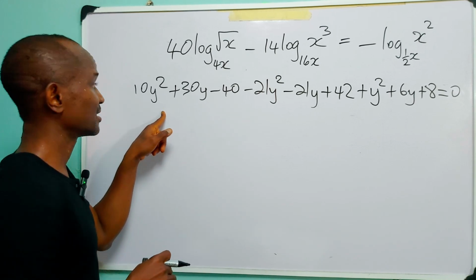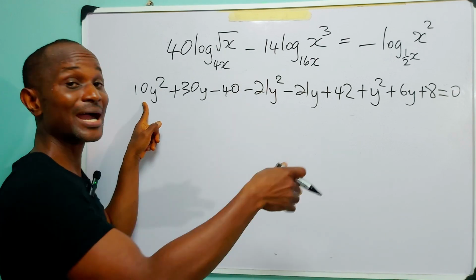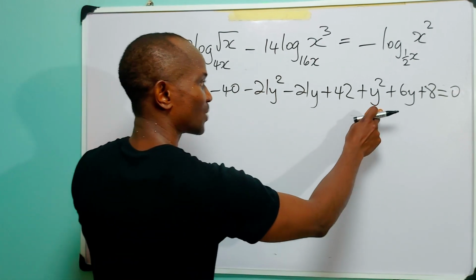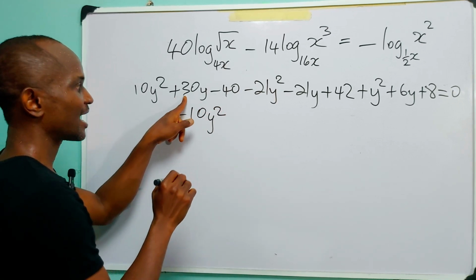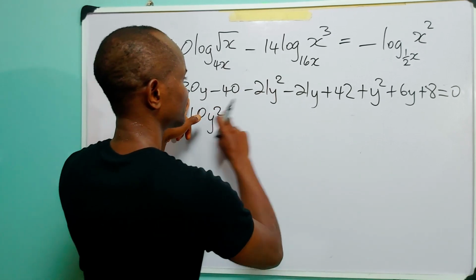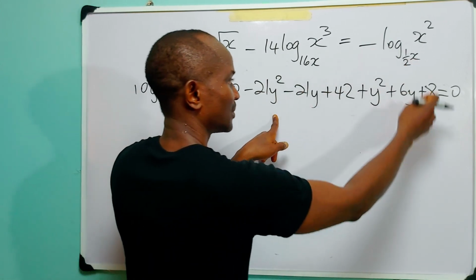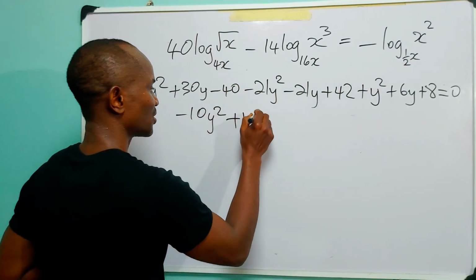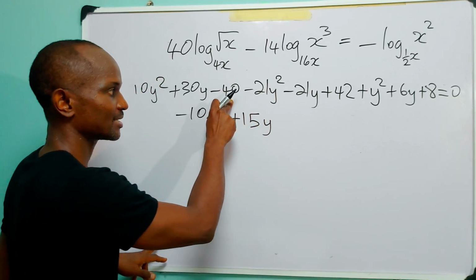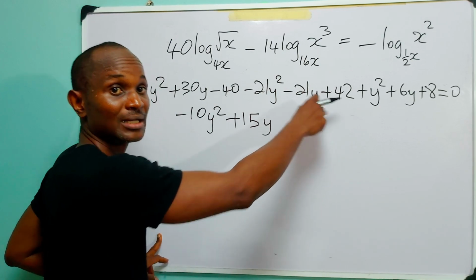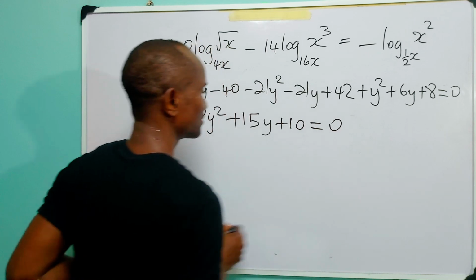Now, collecting like terms, we have 10y squared minus 21y squared, that is minus 11y squared, then plus y squared, that is minus 10y squared. We have 30y minus 21y, that is 9y, plus 6y, that is plus 15y. We have minus 40 plus 42, that is plus 2, plus 8, that is 10, is equal to 0.